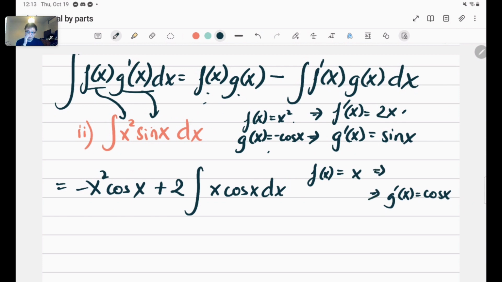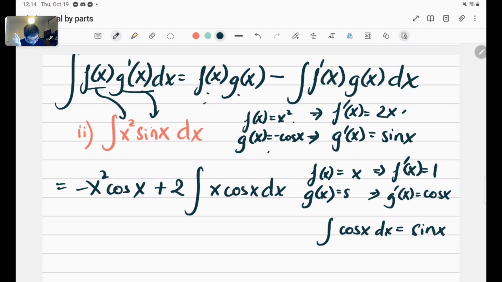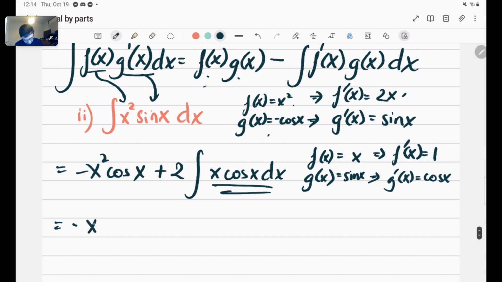So differentiating f of x this time is just equal to 1. So f prime of x is equal to 1. And then g of x is equal to the integral of cosine x dx. The integration of cosine x is sine x itself. So using the formula for this integral, that's equal to negative x squared cosine x plus 2, and I open a bracket because you just imagine you're doing this integral in a bracket, right?